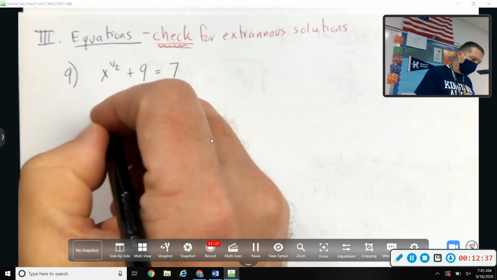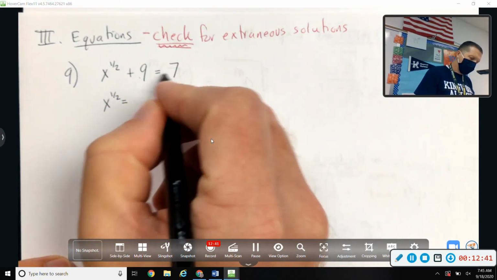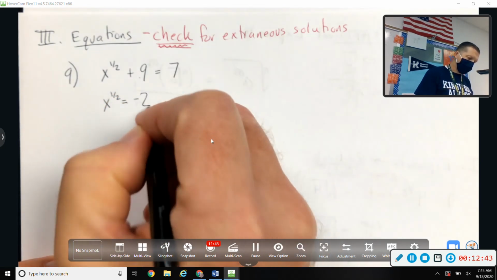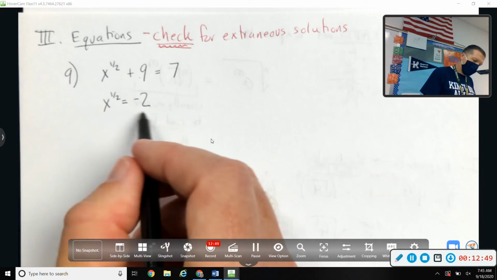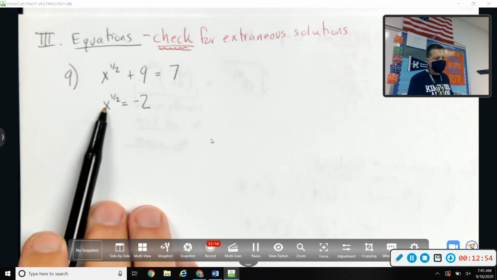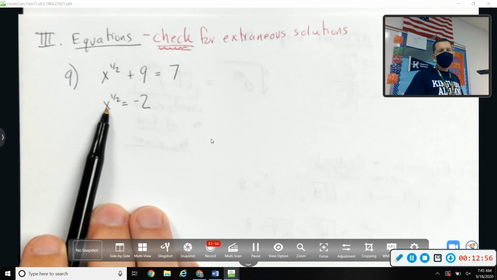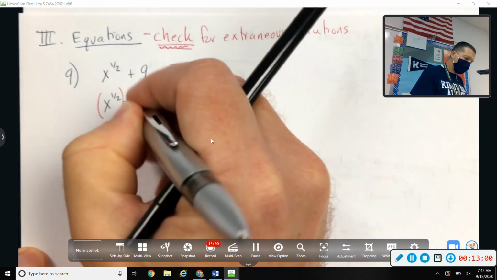All right, so let's get x to the 1/2 by itself first. Move the 9 over. 7 minus 9 is -2. And there's a couple ways to handle this. One way would be to convert that to a radical, but I think the easier way is to just leave it alone and raise it to a power to fix it.